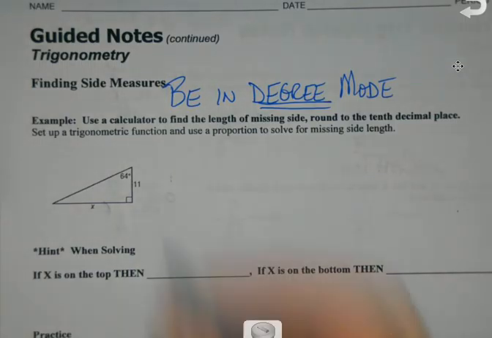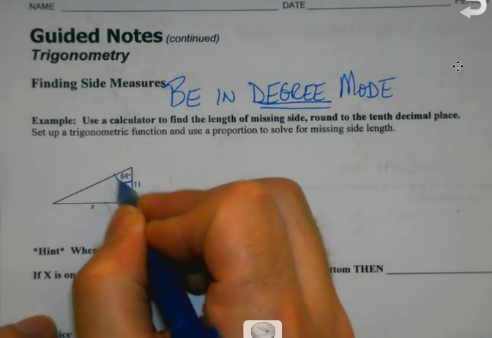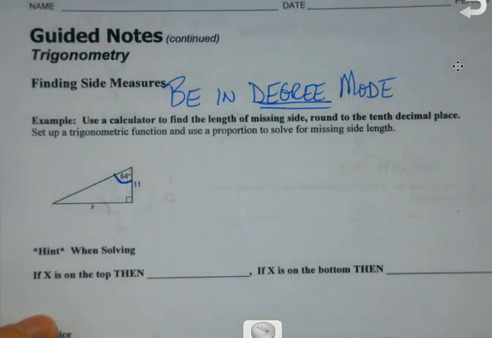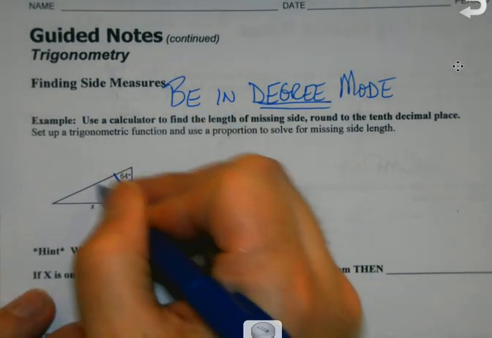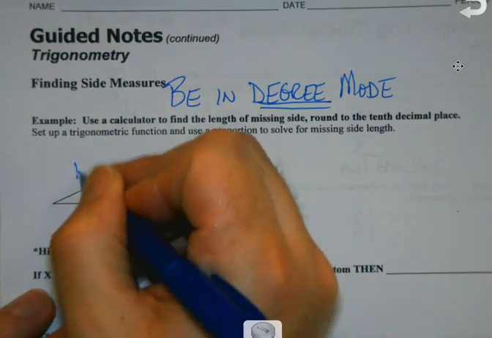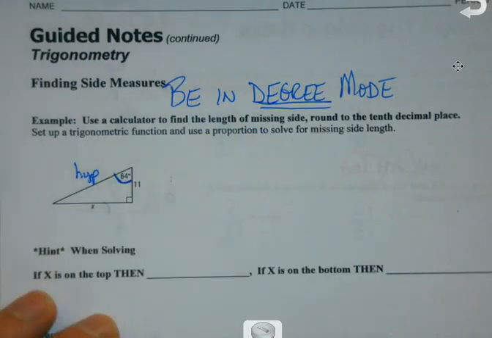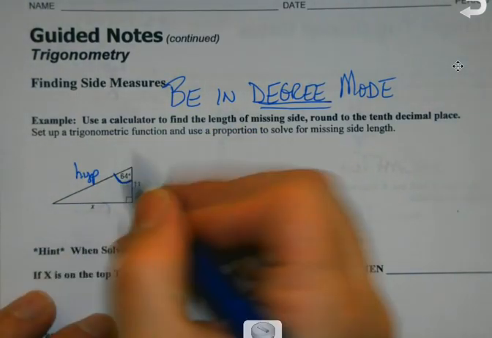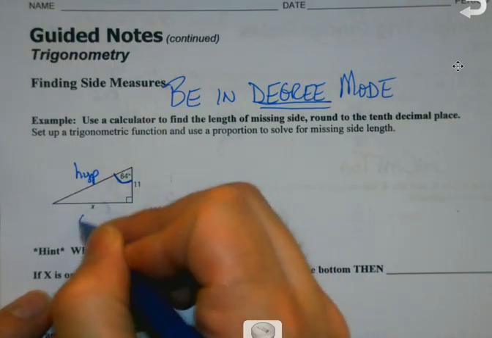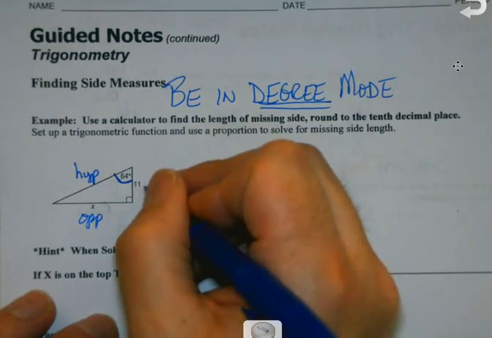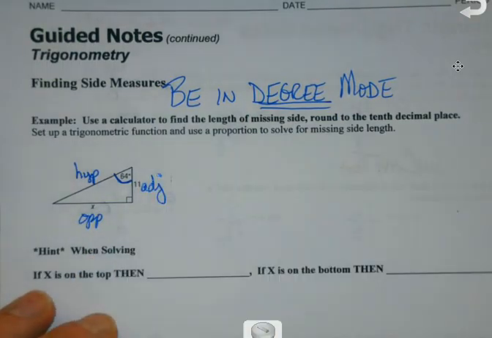And what we're going to do is whatever angle they give us is what we're going to base everything off of. And I'm going to label my sides. So again, opposite of my right angle is my hypotenuse. Opposite of the angle I'm working with is my opposite, which leaves me adjacent for my other side.